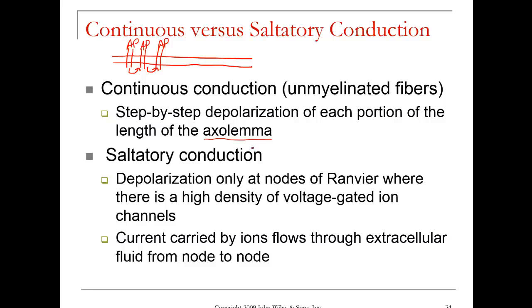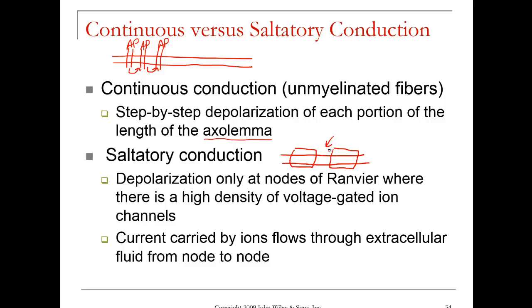Okay, so if we were looking at our axon here, and let's say that we had Schwann cells covering on a regular basis. The spaces in between the Schwann cells are known as the nodes of Ranvier, and that's the only place where you're going to see voltage-gated ion channels.